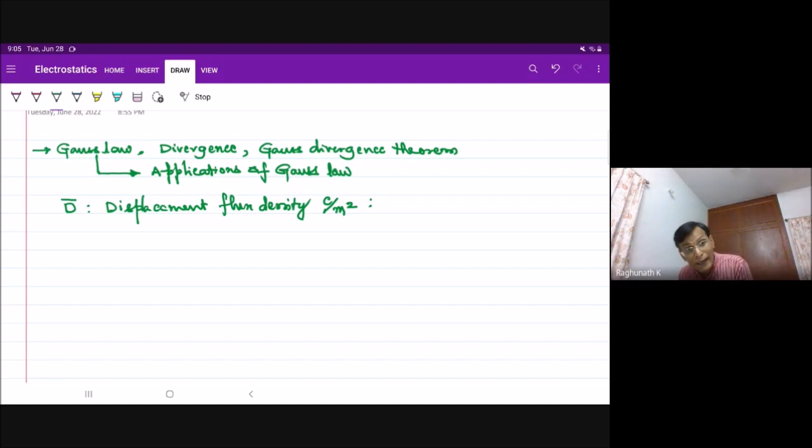Related to electric field intensity through the equation: at any point, if you know D bar, electric field intensity is D bar by the permittivity of the medium in which we are discussing the field. This is definitely not a measurable quantity, an imaginary quantity just given, because we cannot see it.